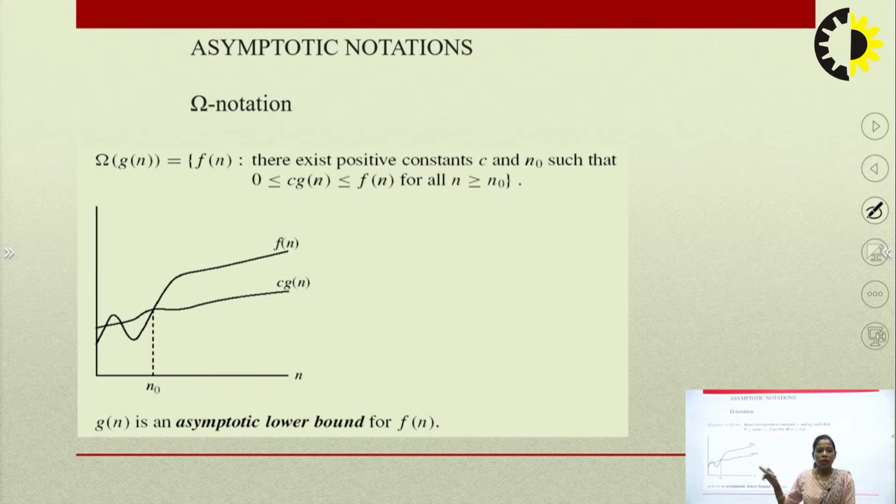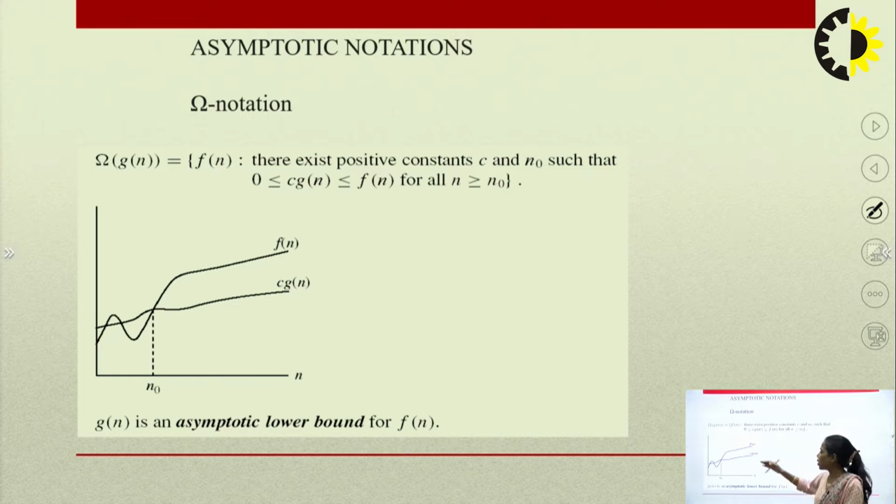Similarly, with the help of the diagram, you can see that function f(n) gives the upper bound to function c g(n), or you can conclude that function g(n) gives the lower bound to function f(n).